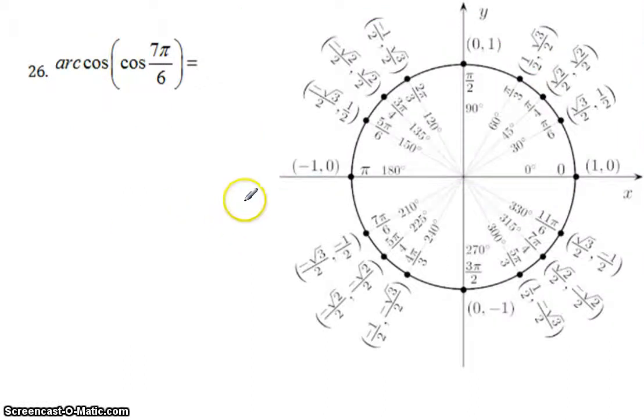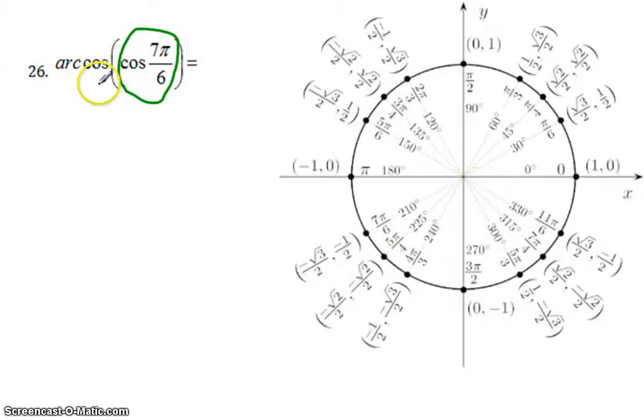Okay, next one. This is a little different. This is going backwards. This time my inverse is on the outside. So I still do what's inside my parentheses first, but it does not say inverse. I'm not looking for an angle. I'm looking for that measurement, that coordinate point. So I can look in any of the 4 quadrants.